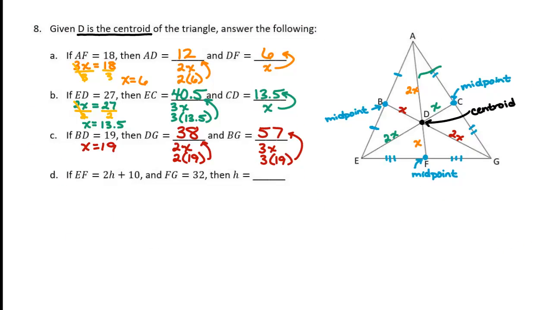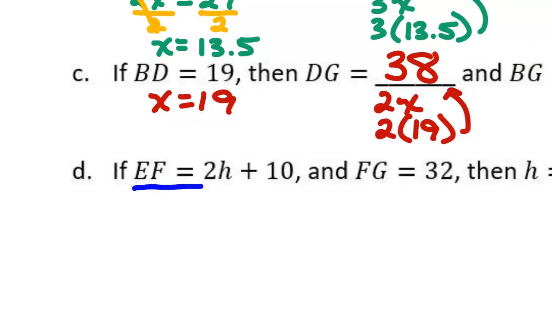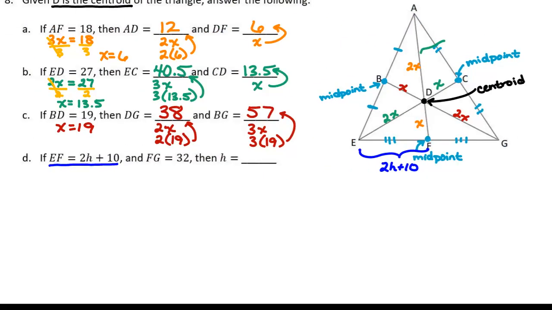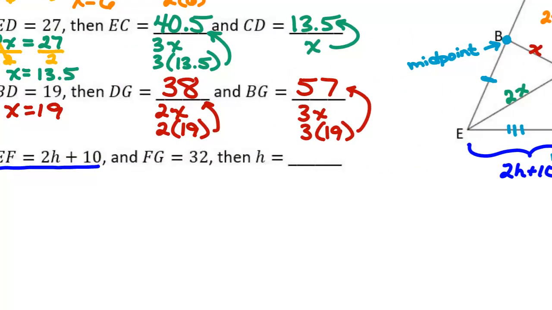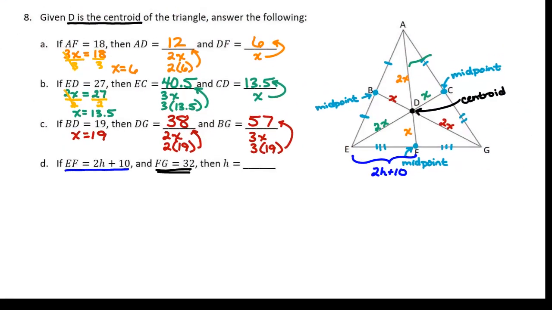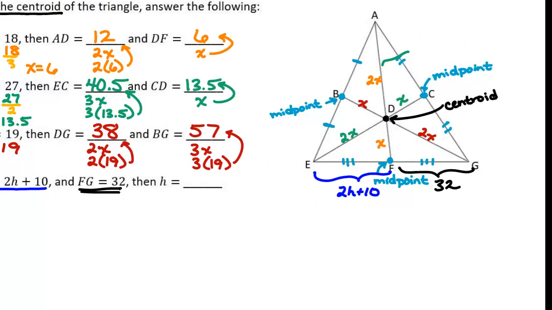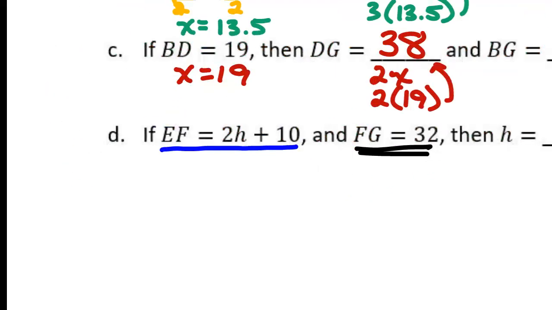All right, then the last question, it says EF is 2H plus 10. So that would be this, 2H plus 10. And FG is 32. FG right here is 32. What do we know about EF and FG? They're congruent. So I can say that EF is congruent to FG.